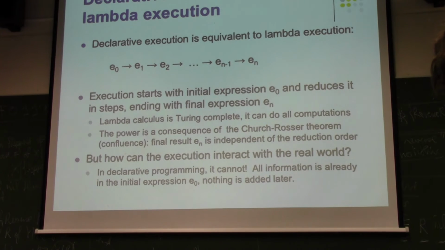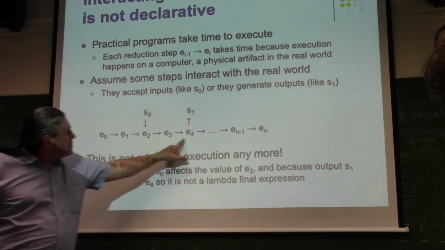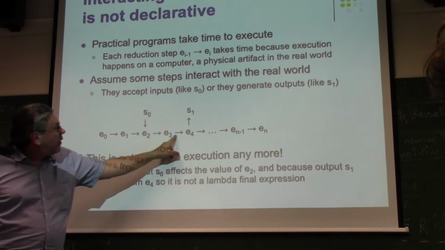It's very simple, actually. So let's say I want to interact with the real world. Let's say I have a program that's running, like a text editor, and I'm typing in text while it's running. Well, a running program is a sequence of reductions. So this is a running program.